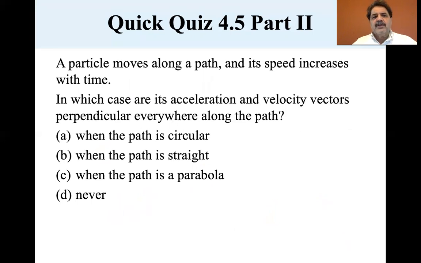Now, part 2. A particle moves along a path and its speed increases with time. In which case are its acceleration and velocity vectors perpendicular everywhere along the path?